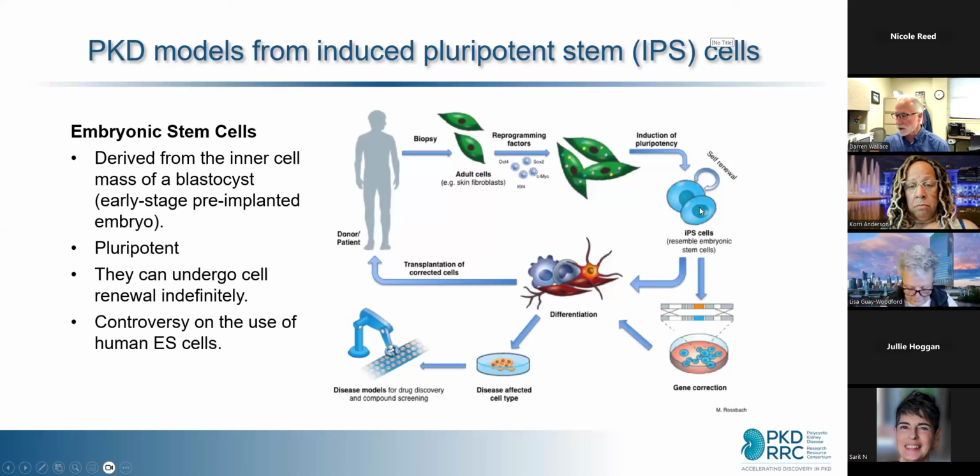In this image, they're actually proposing to do gene editing to correct the gene mutation and reintroduce it back into the patient. I don't think we're quite ready for anything like that, but we can use these cells to differentiate them into kidney-like structures, and then look to see how mutations in the polycystins affect these structures that form, particularly called organoids.